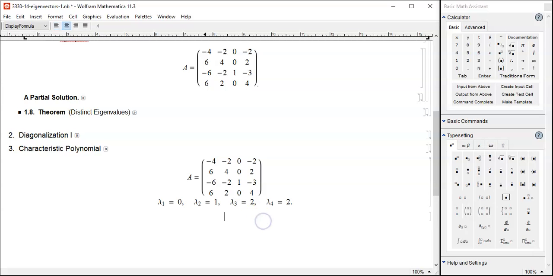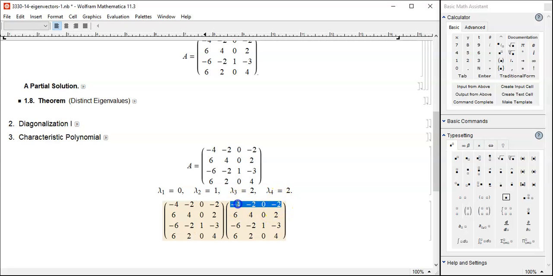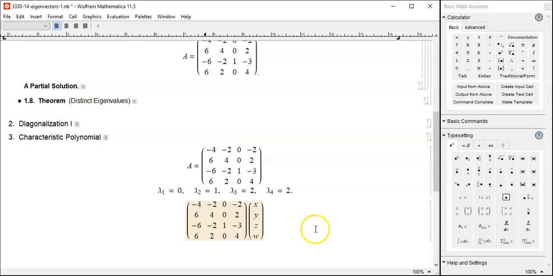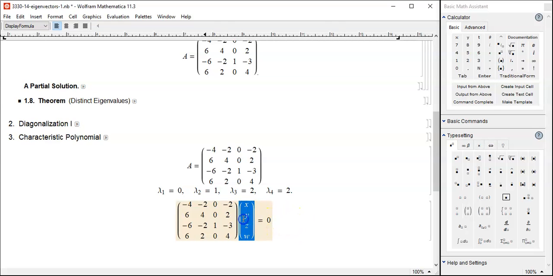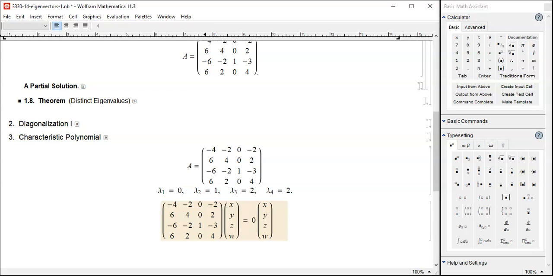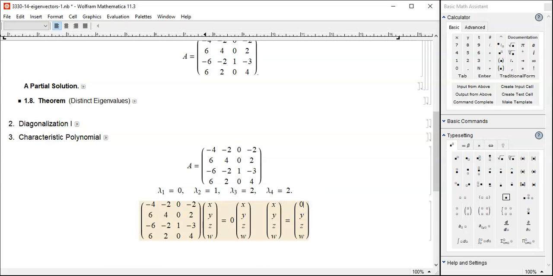Okay, anyway, let's go. This is equal to 0 times this. That's what we want, isn't it? Therefore, this is equivalent to all 0 vectors.